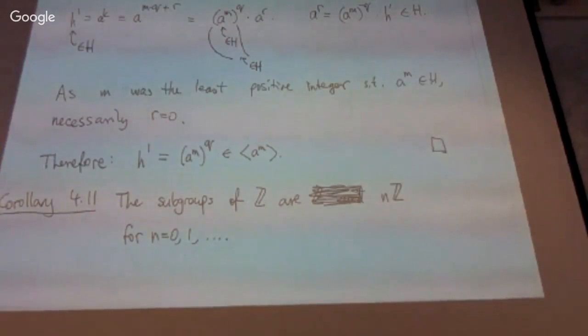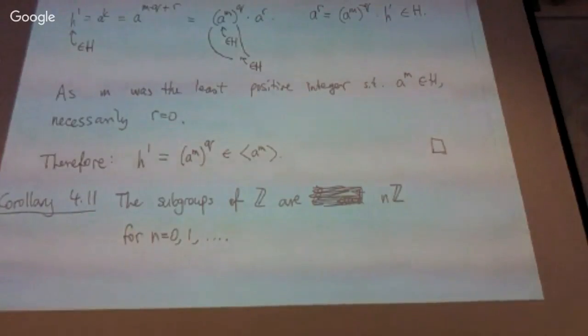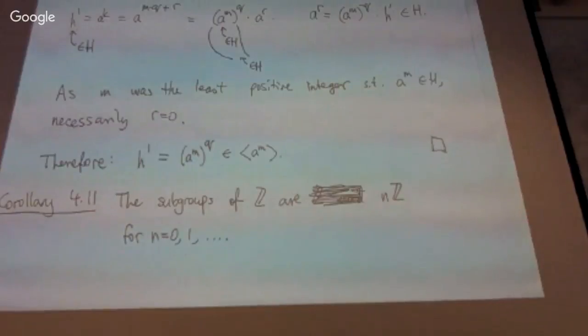And there's no other one, because each of the subgroups has to be generated by an element of Z. If you take a negative one, you're going to get the same thing. The one generated by minus 2 is the even integers again. So it doesn't give you any extra one.